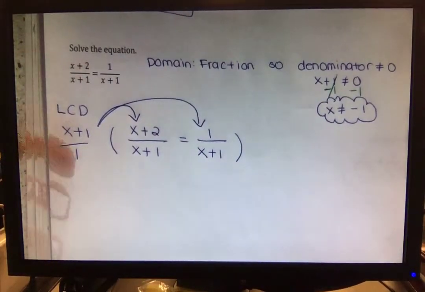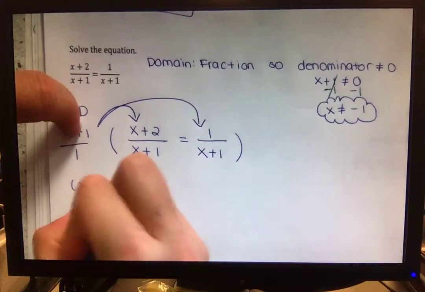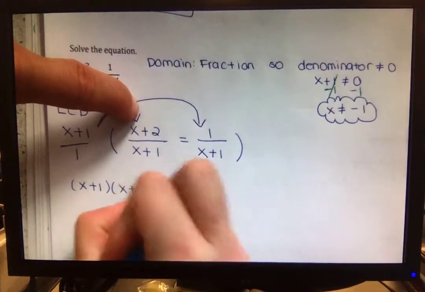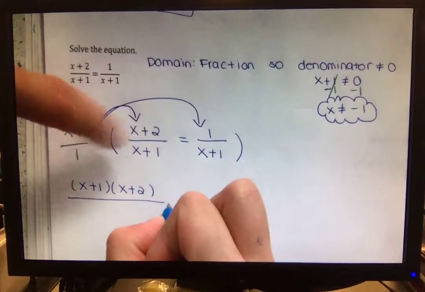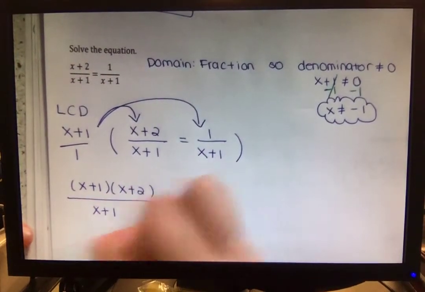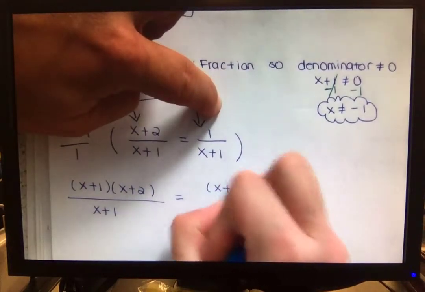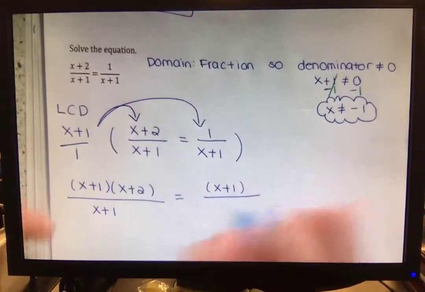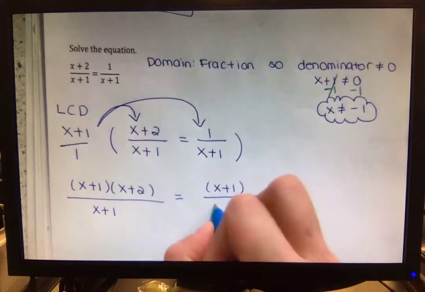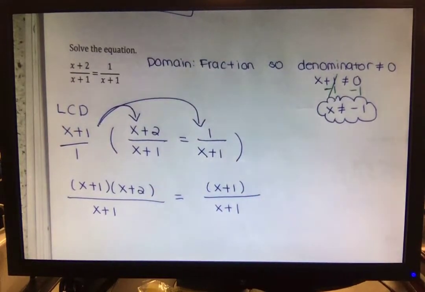Multiplying straight across, we get x plus 1 times x plus 2 all over 1 times x plus 1 equals x plus 1 times 1, which is x plus 1, all over 1 times x plus 1, which is still x plus 1.